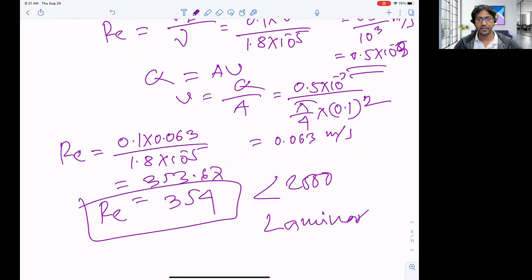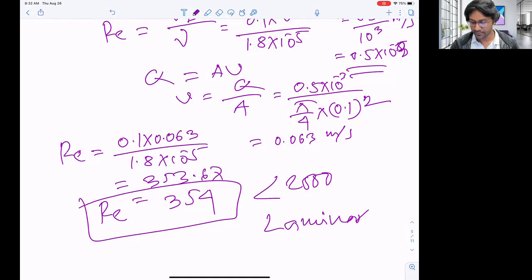Okay, so this is how, if we have any information about the viscosity, we can calculate the viscosity from temperature, and we can calculate the friction factor and roughness. Anything we need, we can easily calculate, and we can decide whether the flow is turbulent or laminar.